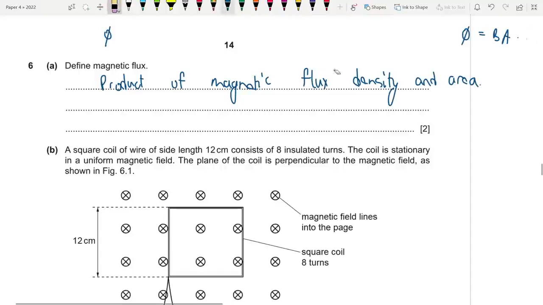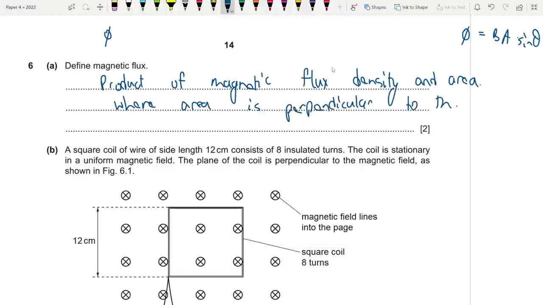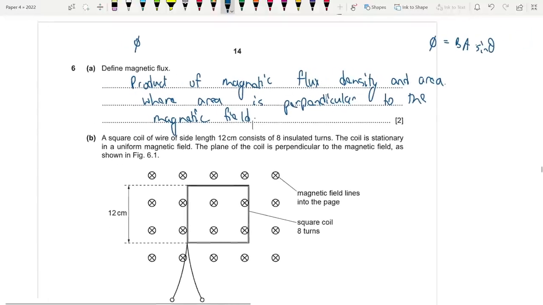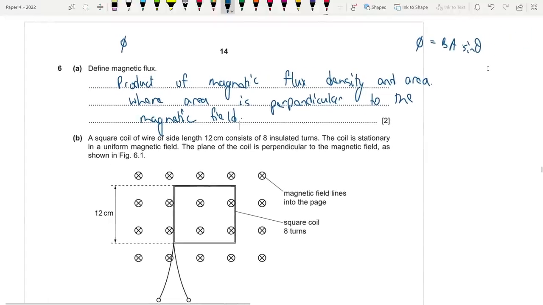My bad. So we need to ensure that the area is perpendicular to the magnetic field. Okay. So the product of magnetic flux density and area, where the area is perpendicular to the magnetic field, we assume that this theta is 90 degrees.